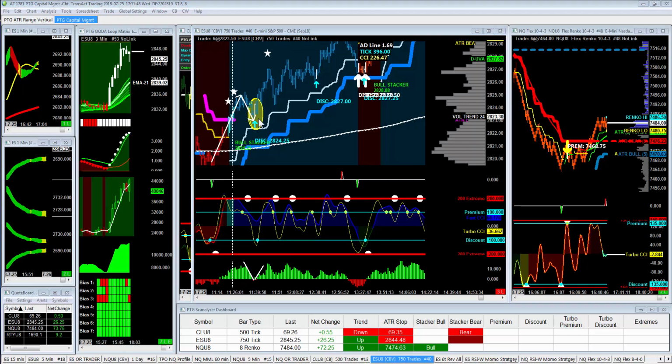Okay, so that is the idea, what we're looking for, and how we use our ATRs in combination with the shift, and we're looking to get on board as early as possible.